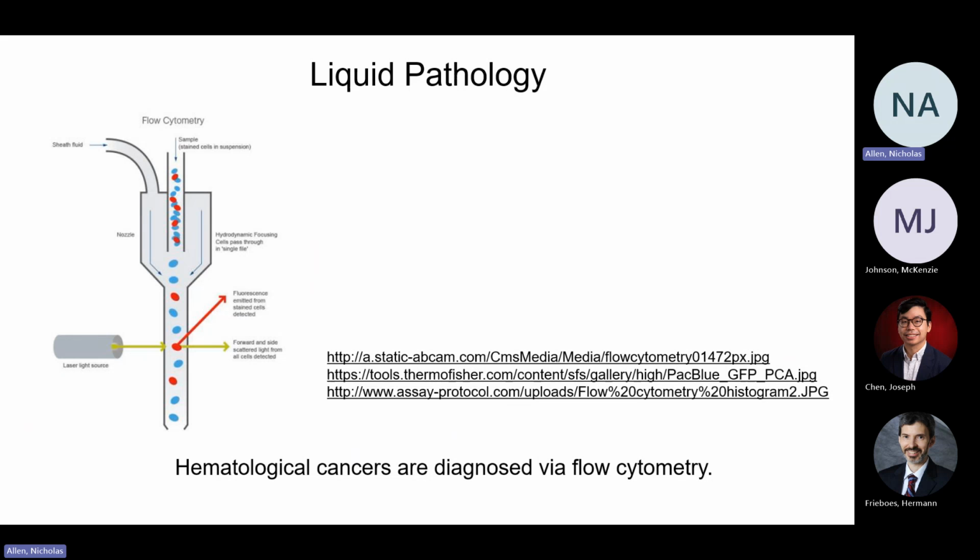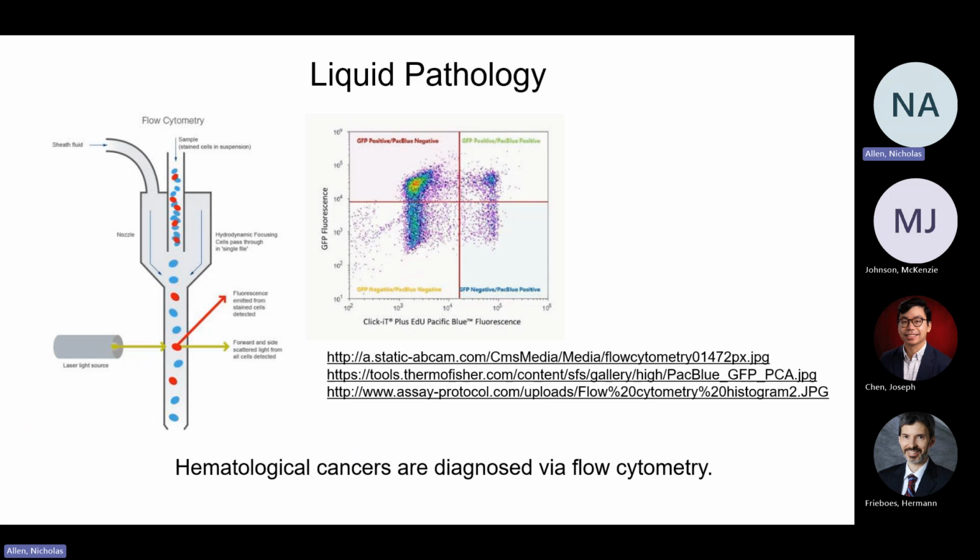And so you get a map, cell by cell, of how fluorescent they are. And you can do this with combinations of 8 or 9 fluorophores. So you can look at lots of biomarkers at the same time. So this is what a typical plot might look like.